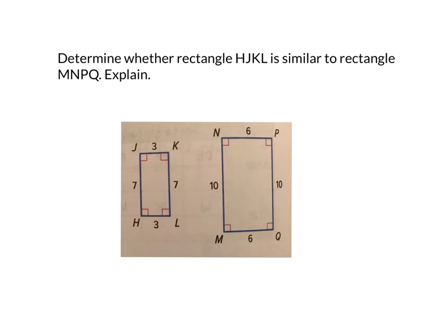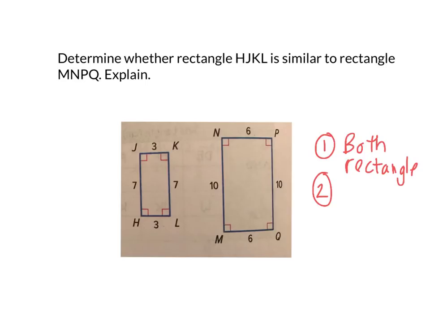So let's put that into practice a little bit. Let's determine whether the rectangles in this picture are similar based on our similar polygon properties. Well, number 1, a similar polygon has the same shape. Yep. Both rectangles. So we know that criteria is met.